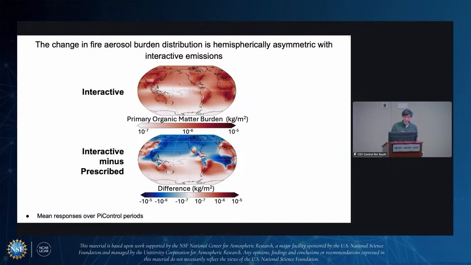And we can see that in the top panel, generally we see that POM burden is distributed globally, and it's concentrated over land masses, which is expected.